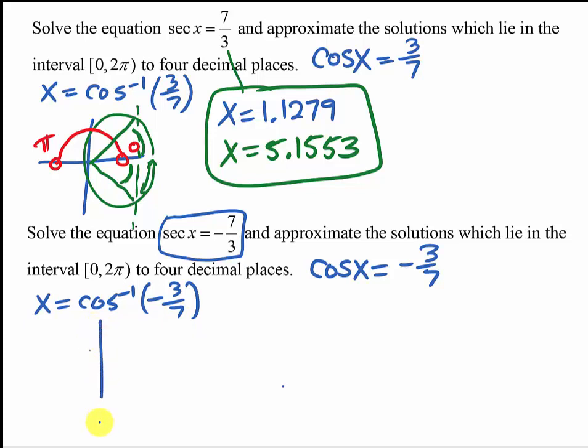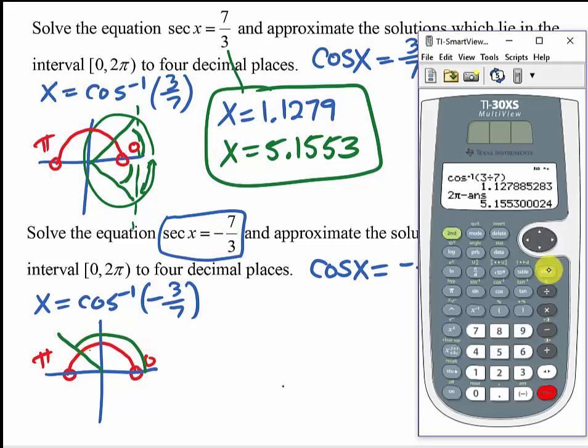Now let's draw a picture and think about this again, because this time I know that it's a one-to-one function and it's going to give me angles between 0 and pi, but the cosine value is negative, so it's going to be something here in quadrant 2.